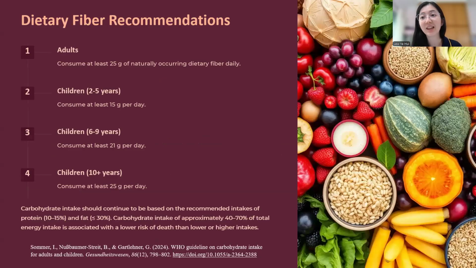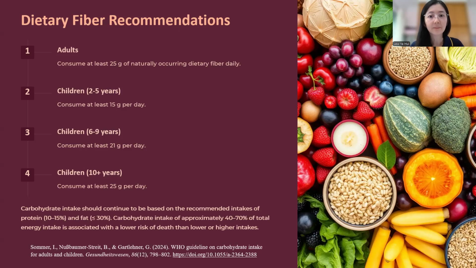So what about the general population? The WHO recommends that carbohydrate intake should consist mainly of whole grain products, vegetables, fruits, and pulses, as a strong recommendation, especially for those aged 2 years and above. The WHO recommends that adults consume at least 25 grams of naturally occurring dietary fiber daily.